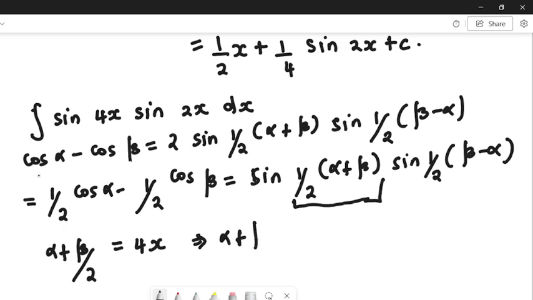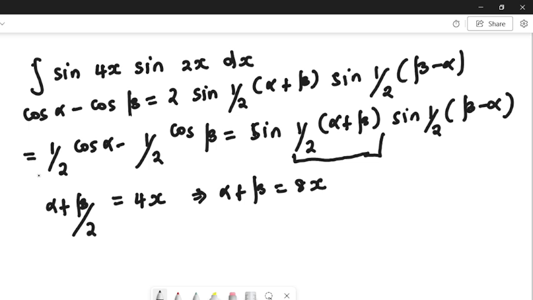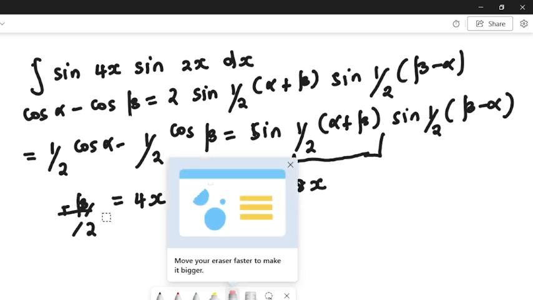Alpha plus beta is 8x. To avoid confusion, let's just rewrite this properly.